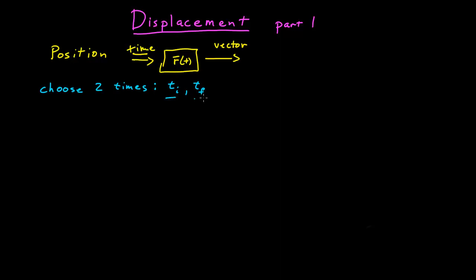So given these two times, we can calculate the position of the object at those two times by the position function, which is the function evaluated at the initial time, and the function evaluated at the final time.